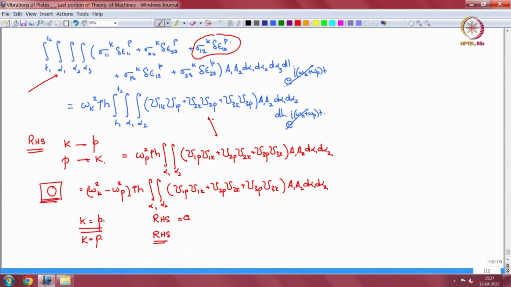Then in such a case the integral of u1p u1k plus u2p u2k plus u3p u3k, A1 A2 d alpha 1 d alpha 2, with k not equal to p, must be 0.